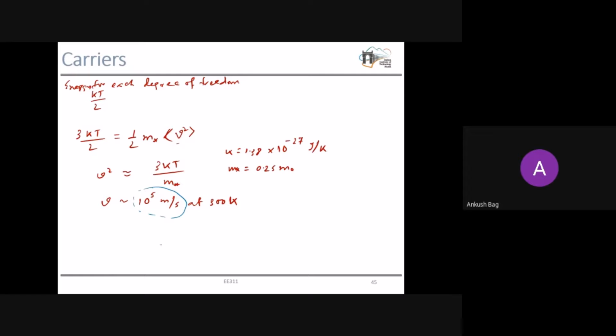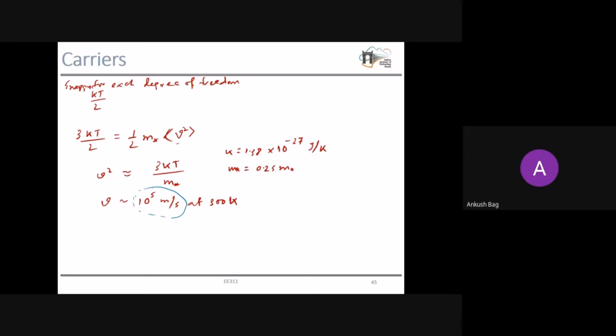So why is this so large in value? Again, this is random velocity. Random means it will not lead to any net directional movement of your carriers.